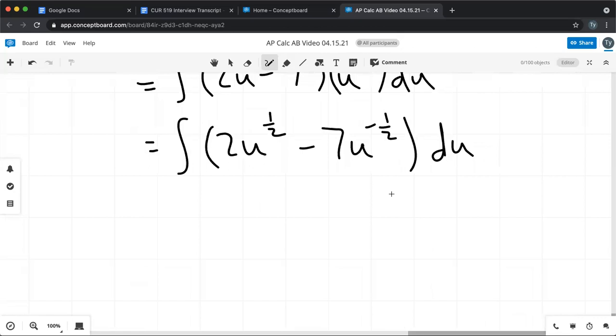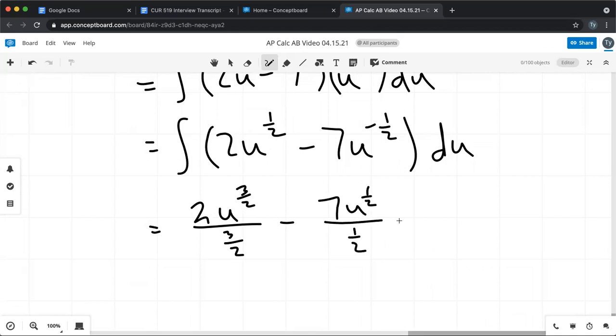All right, we reduce this just to power rule for integrals. So this is equal to 2 times u, we increase the power by 1, that's 3/2, and we divide by 3/2. Minus 7u, we increase the power by 1, that's 1/2, divide by the power, 1/2, and we have plus c.